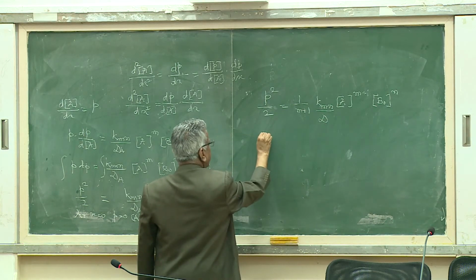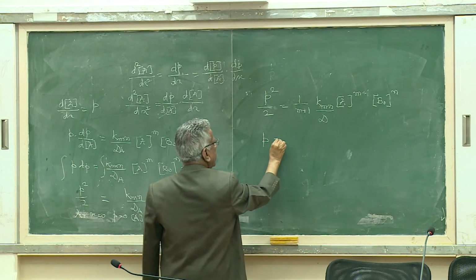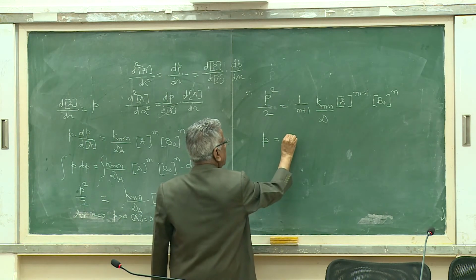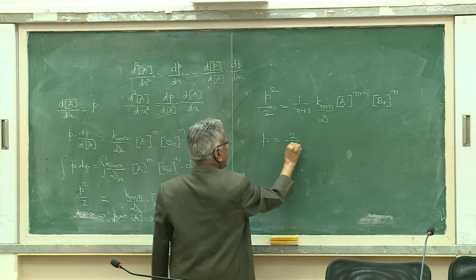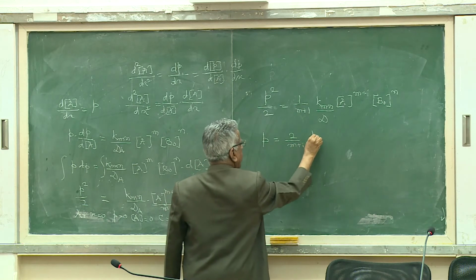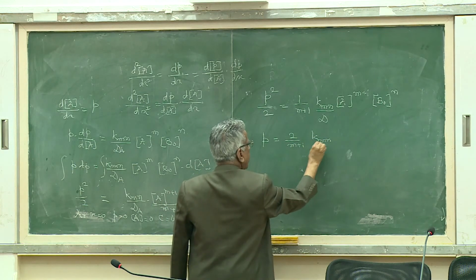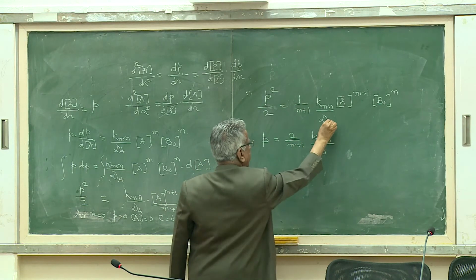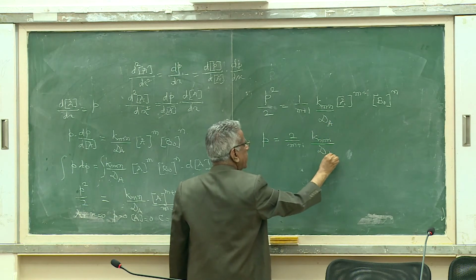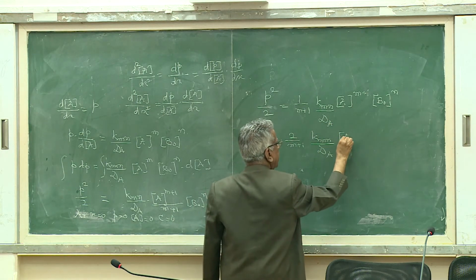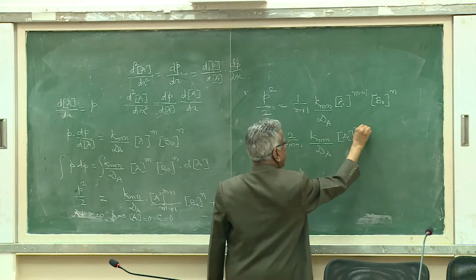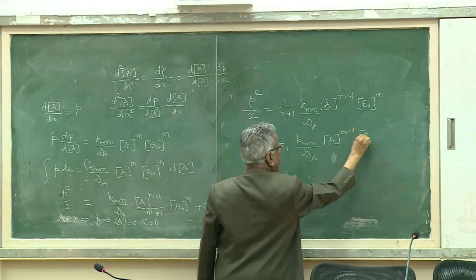So, P is equal to square root of 2 upon m plus 1, Kmn upon diffusivity of A, A star raised to m plus 1, B naught raised to n.